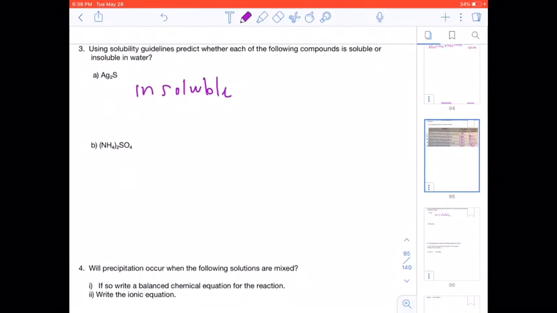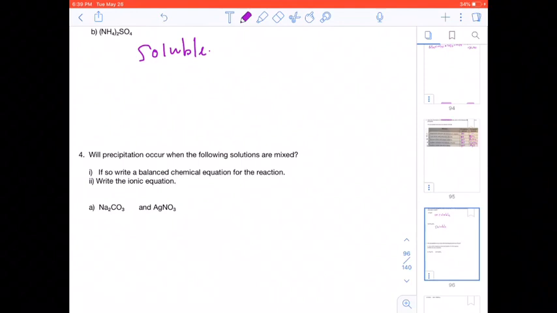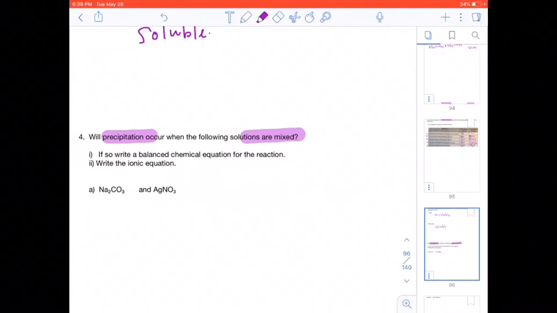Most of the ammonium compounds are soluble. Okay? Check your guideline table there and you'll see that. Right, now, will a precipitate occur when the following solutions are mixed? If so, write a balanced chemical reaction and also write an ionic equation.